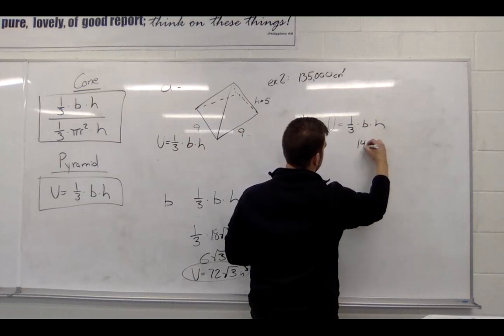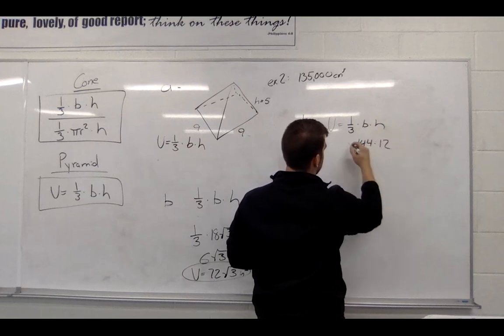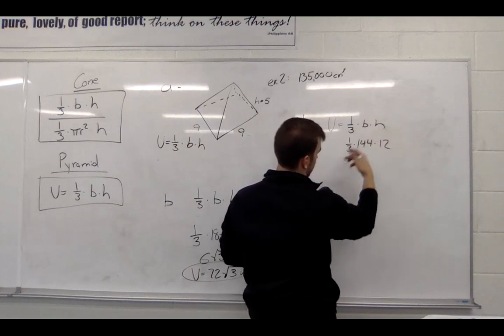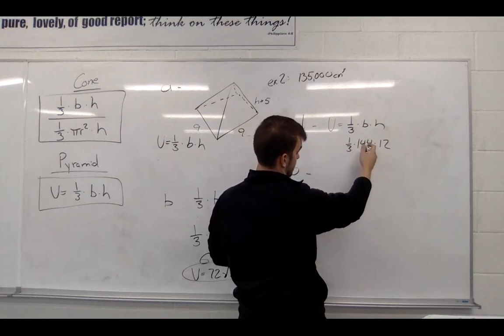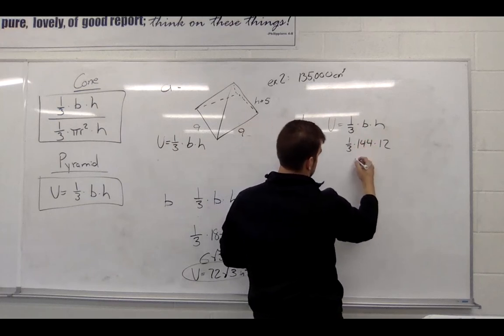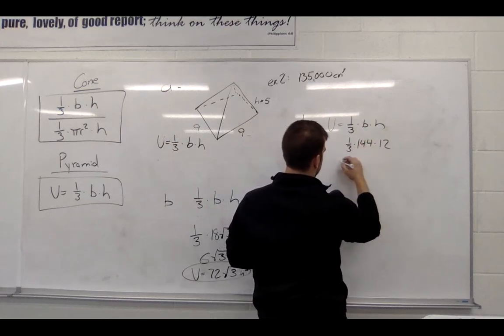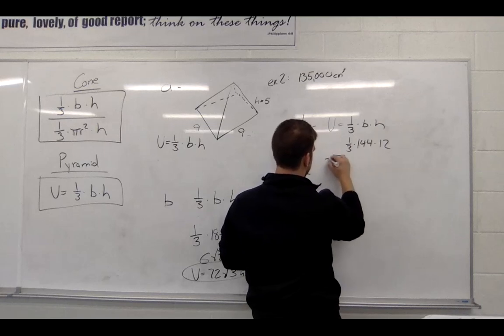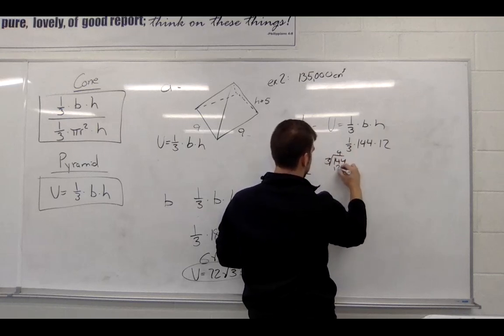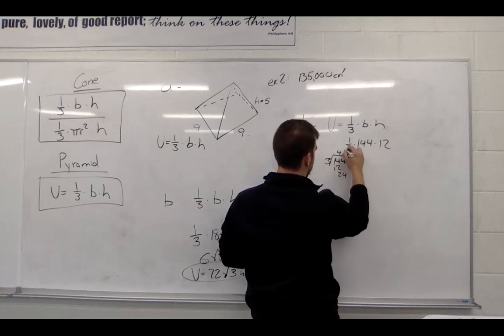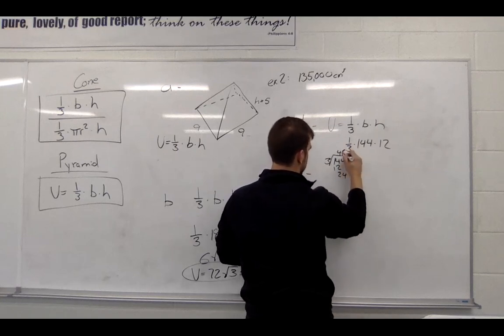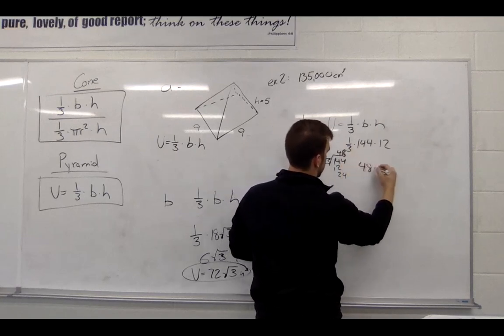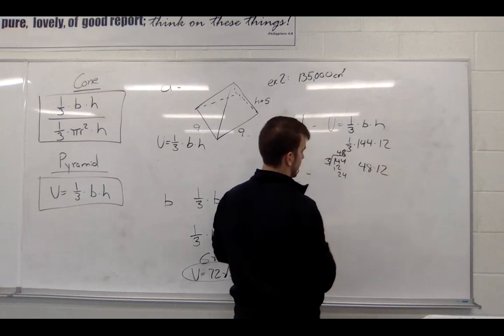The base is 144 times 12, which is 1/3. So you can ask yourself a question, figure that out, which is, oh boy, 144 divided by 3. It's quick. That's 48. So 48 times 12. Go ahead and figure that out.